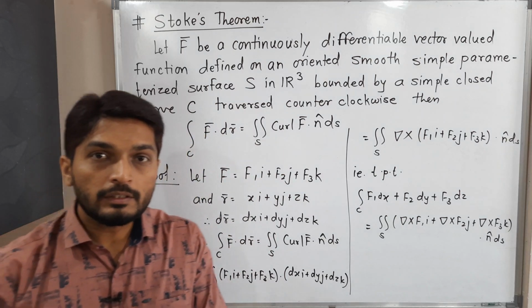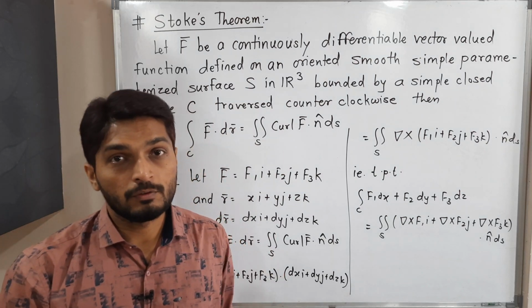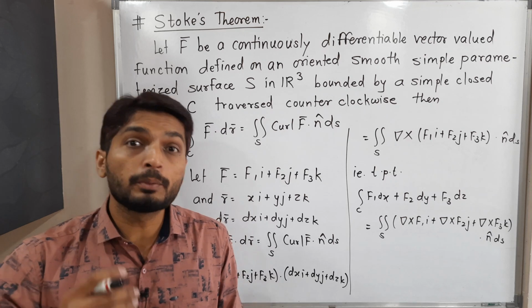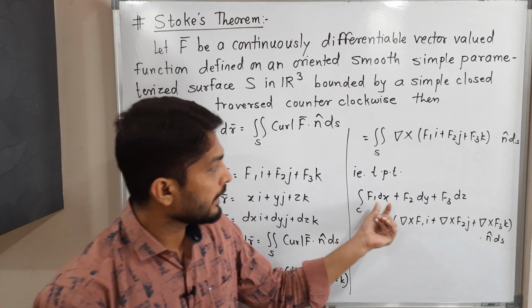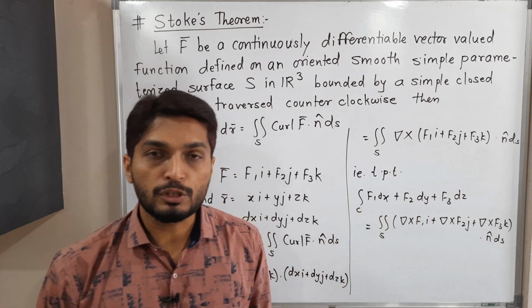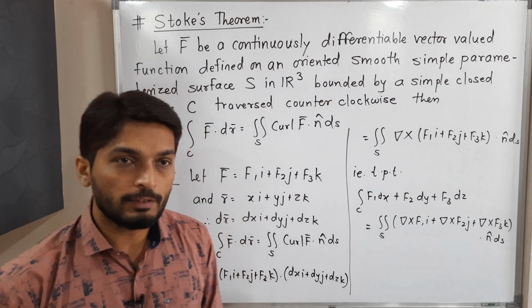Since we haven't started its actual proof yet, we are simply working on what we have to prove exactly, right? As you know, if addition or subtraction is there, we take separate integrations. So I will do the same thing.